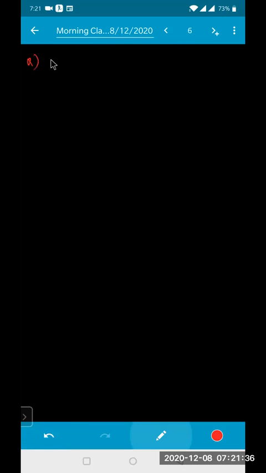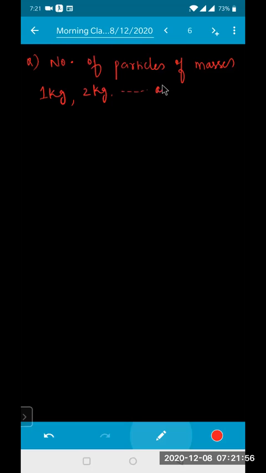See this one beta. Number of particles of masses 1 kg, 2 kg, and so on at x equals 1 meter, 2 meter, and so on respectively.